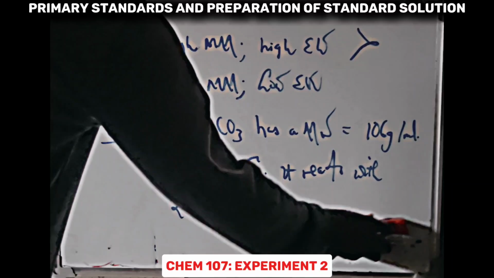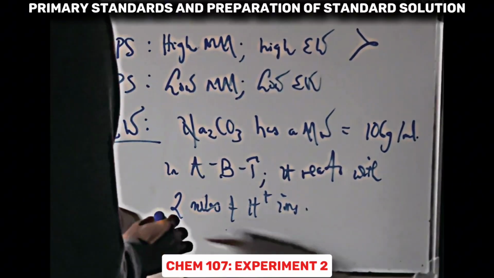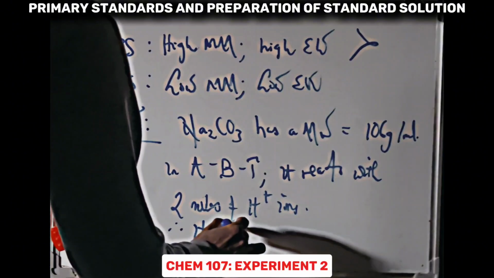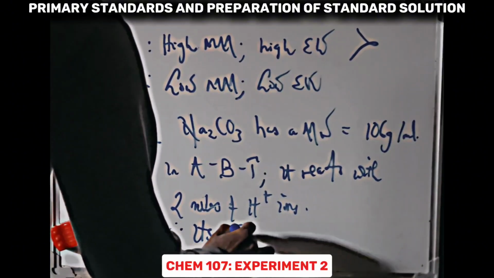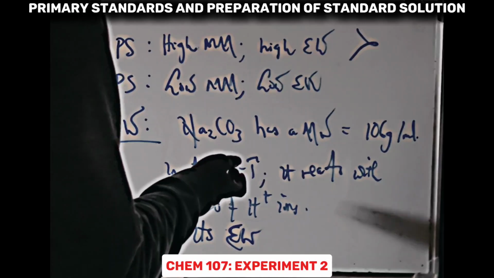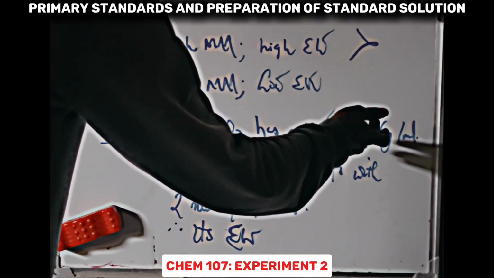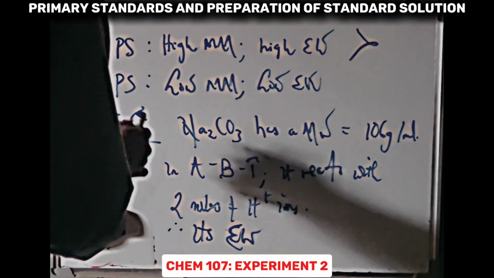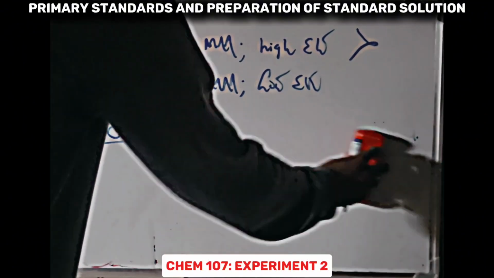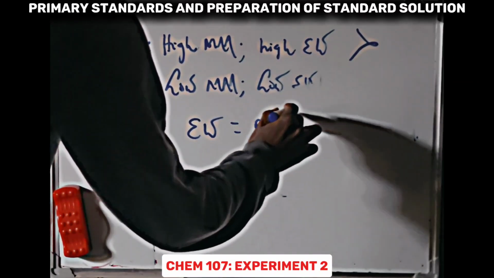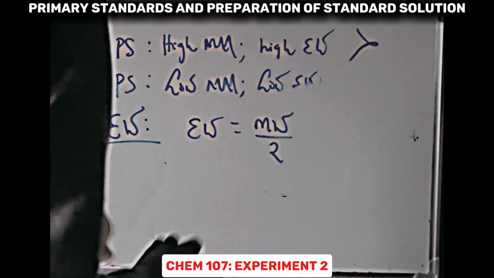Now we can say, therefore, how is its equivalent weight calculated? Equivalent weight is related to the molecular weight. Its equivalent weight will be the molecular weight divided by the 2 ions.